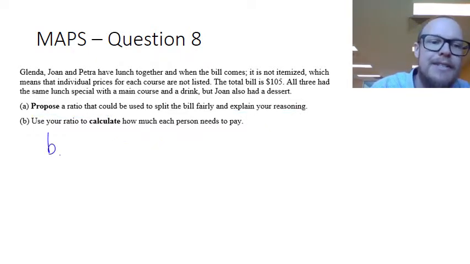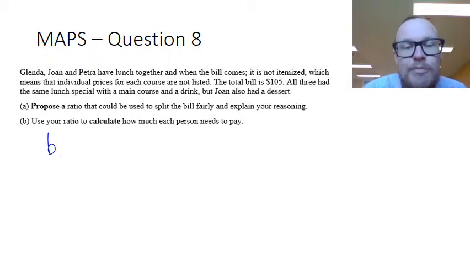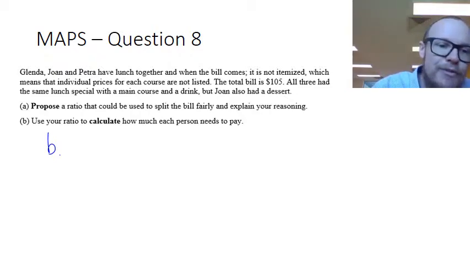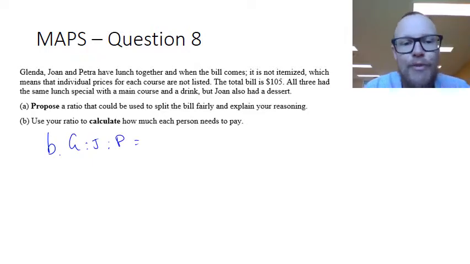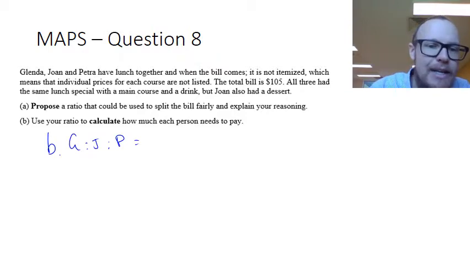For part B, it says use your ratio to calculate how much each person needs to pay. Now, for Glenda to Joan to Petra, if we go back to my unsimplified one, we know that each of those parts is worth $5. So Glenda to Joan to Petra was 6 to 9 to 6.